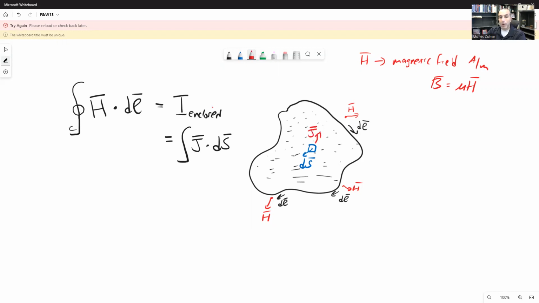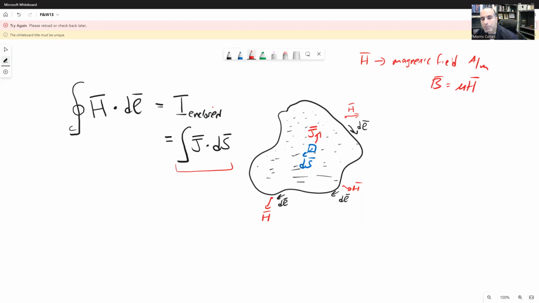We're going to take the dot product of that with ds and sum up all those little contributions, so that only the component of the current density that is through the surface is going to contribute to this right side, right? So this is only the current that's through. Any current density that is along the surface is basically not going to contribute to this integral because J dot ds is zero. Only the J term that is parallel to ds is going to contribute.